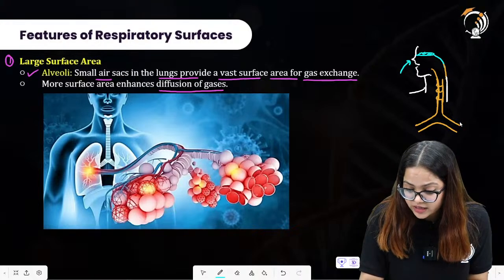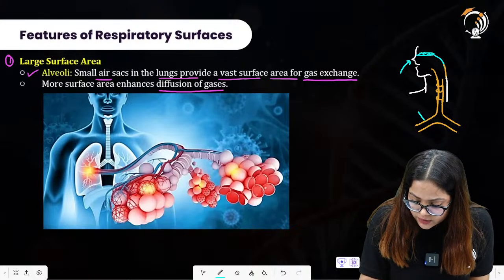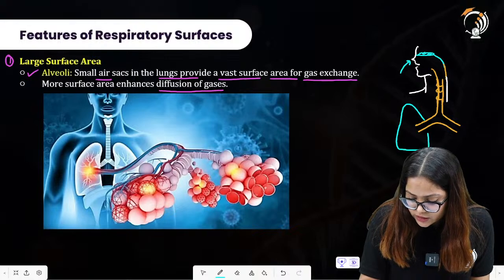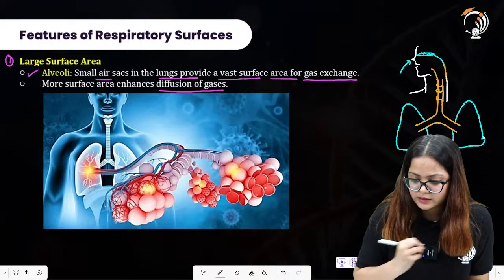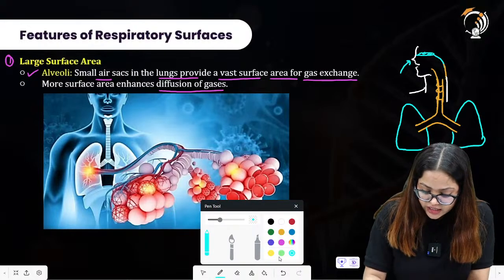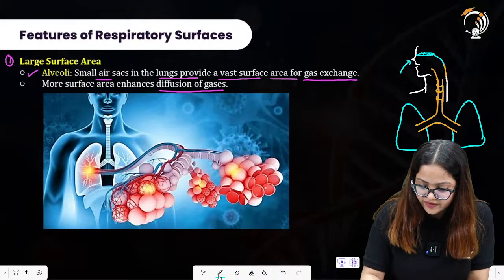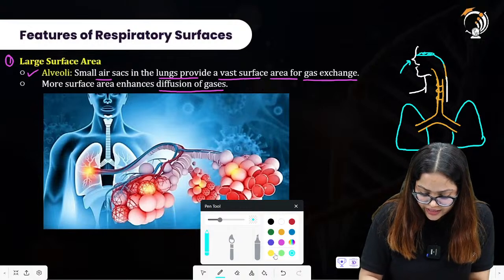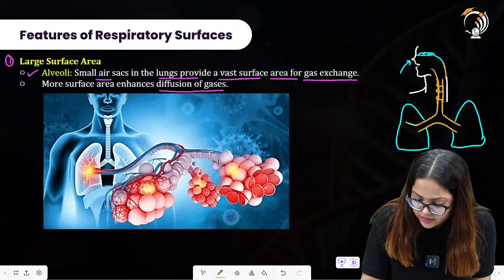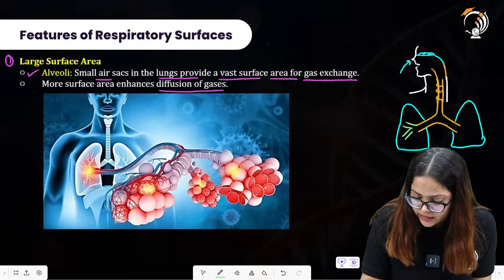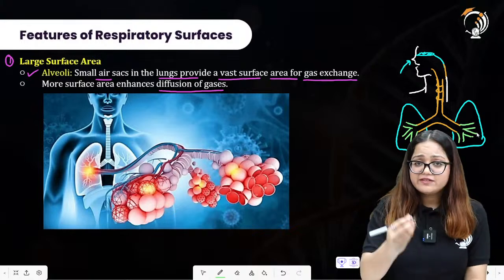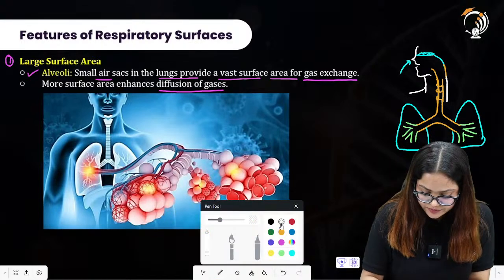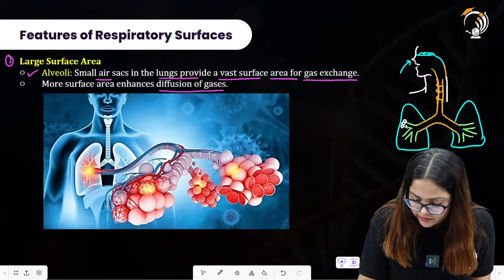Now these are the two lungs. Inside each lung, the bronchi are further divided into fine branches. We call them bronchioles, and these bronchioles terminate into alveoli, the alveolar bags or alveolar sacs. These are the alveoli.